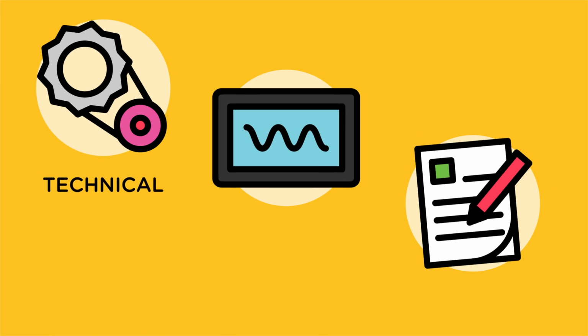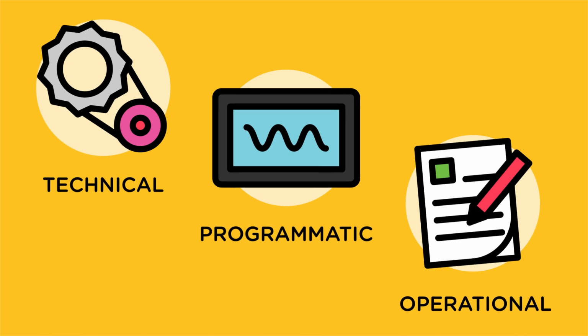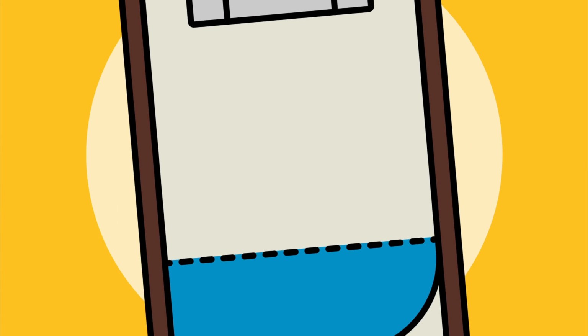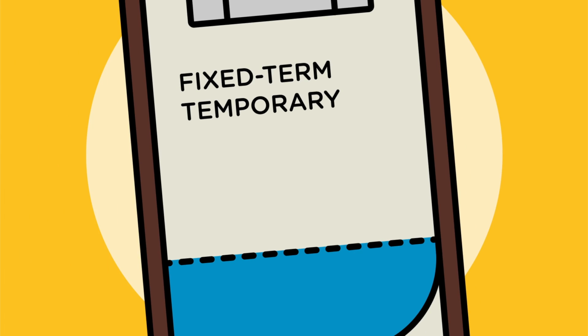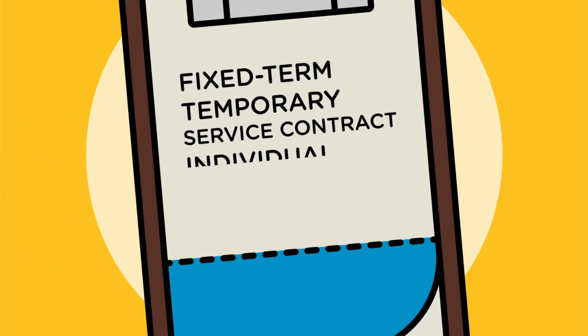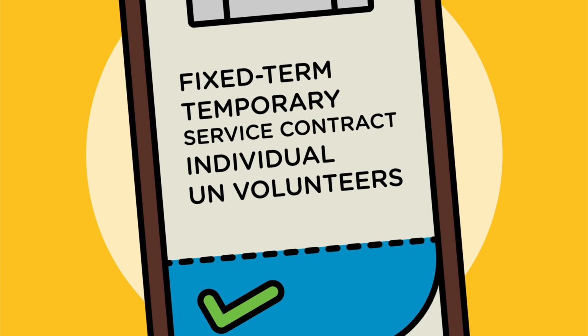Program posts, irrespective of whether they perform a technical, programmatic, or operational function, and irrespective of the type of contract, fixed term, temporary appointment, service contract, individual consultants, or United Nations volunteers, can be prorated across funding sources.